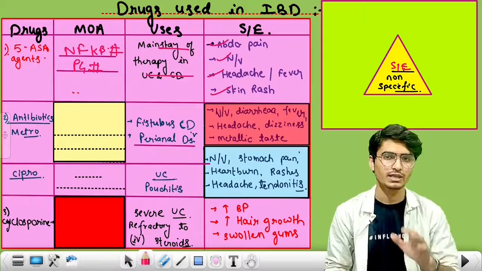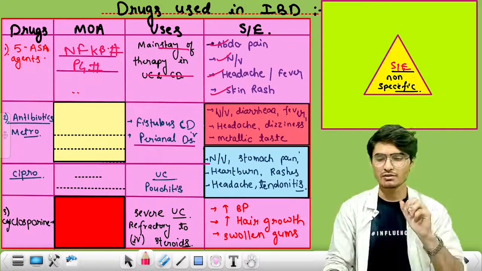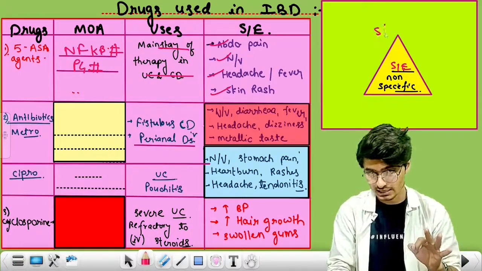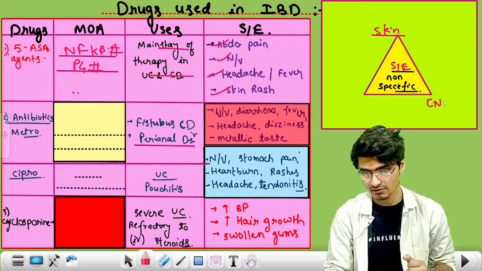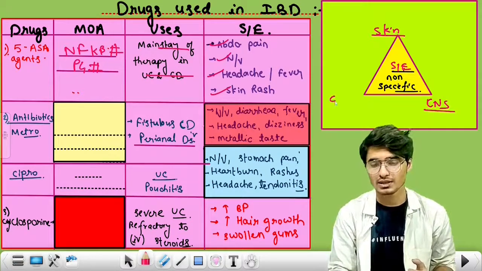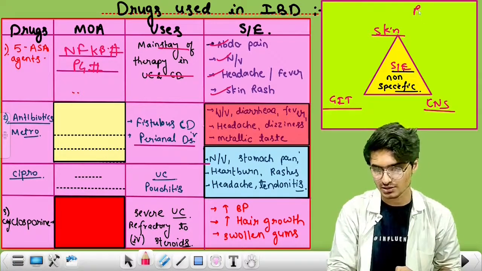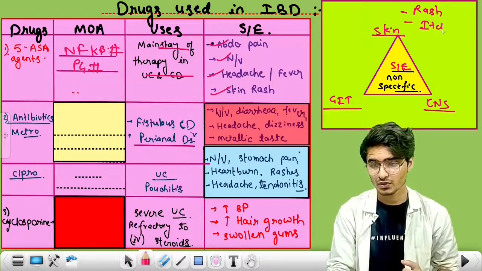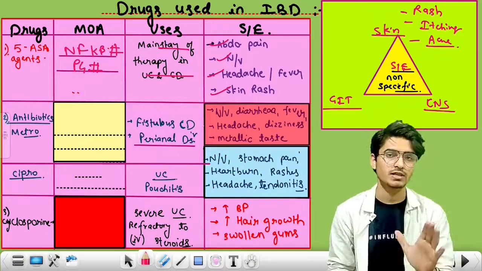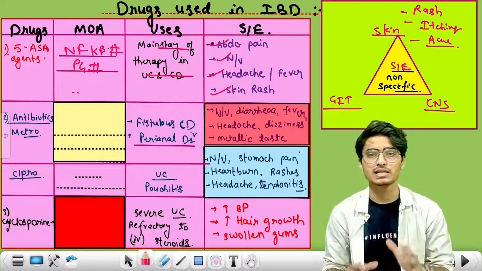Now we will go for the non-specific side effects of drugs which are involved in IBD, right? We have 3 system involvements: skin involvement, subsequently CNS involvement, and third is GIT involvement. The most common side effect with respect to skin is skin rashes, and then there is risk of itching and acne. These are non-specific side effects associated with the entire drugs which will be discussed in the IBD section.